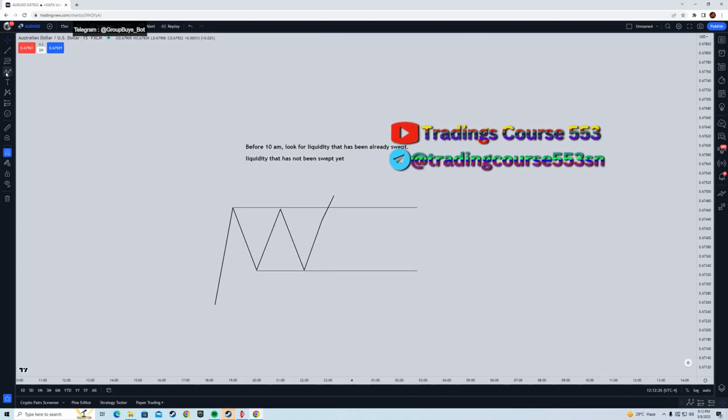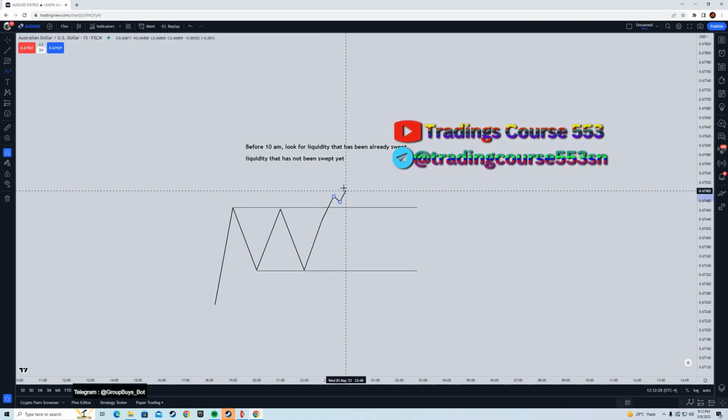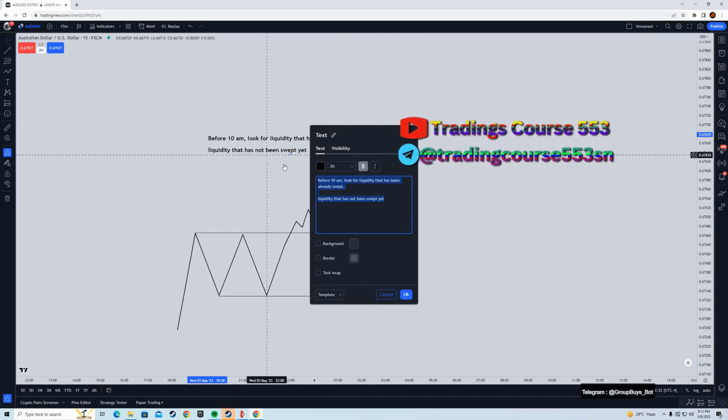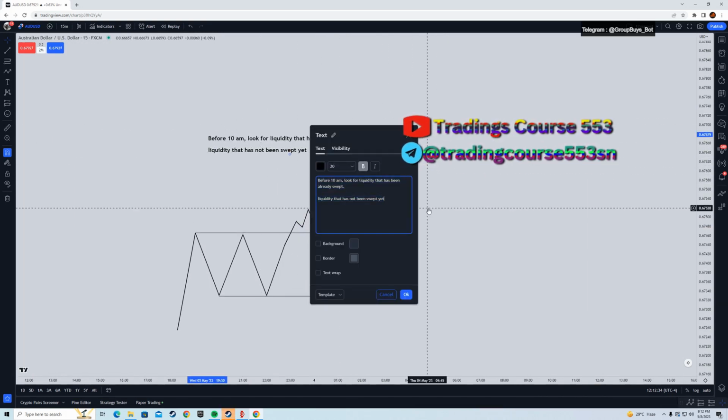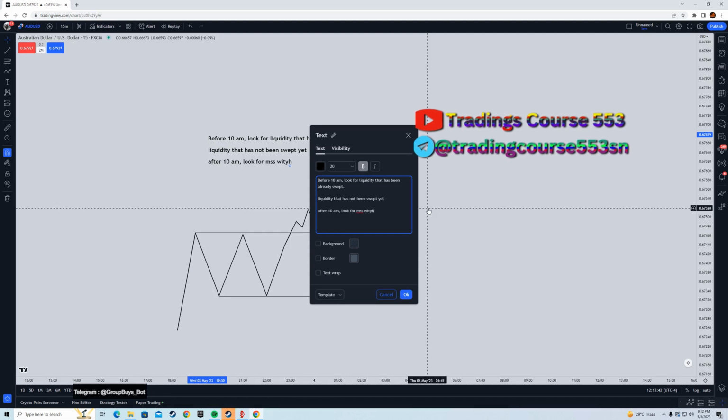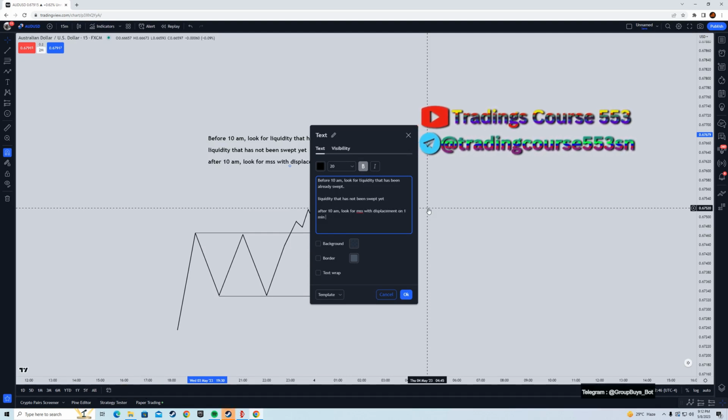Now price could be going up, could be consolidating, whatnot, but after 10 a.m., look for market structure shift with displacement on the 1 minute time frame.